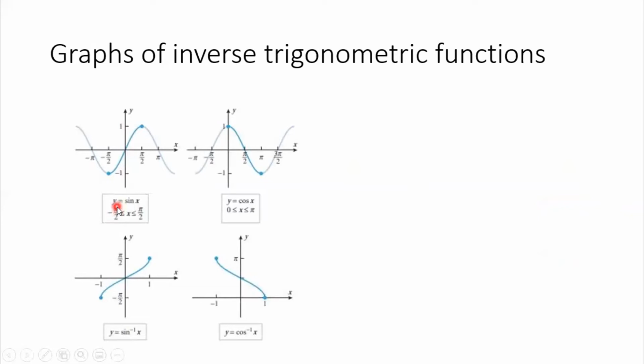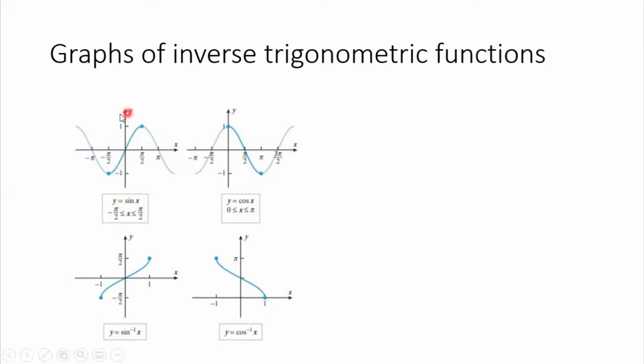So for example, y is equal to sine x. Again, if we consider this graph, then we can say that the domain of the sine function is the set of real numbers. But here we only consider the interval from -π/2 to π/2, which is the specified domain, and has a range from -1 to 1.